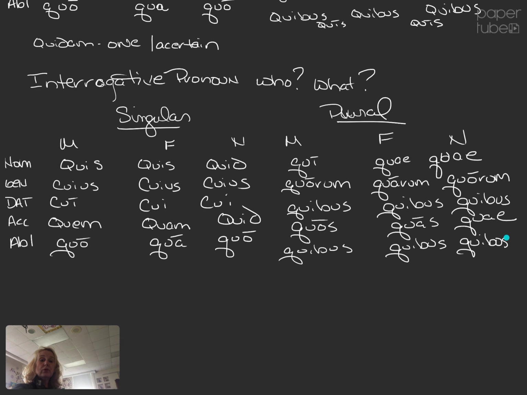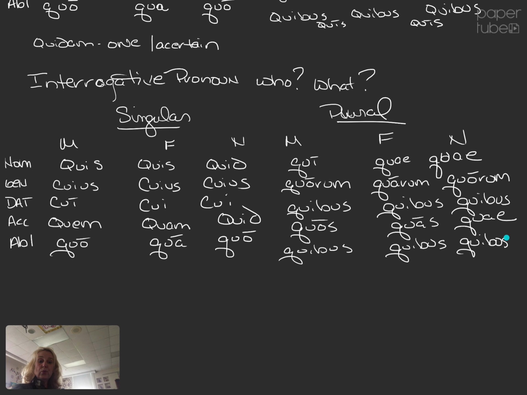To whom, cui, dedisti donum? To whom did you give the gift? Dedi donum discipulae. I gave the gift to the student, the female student, dative, feminine, singular.